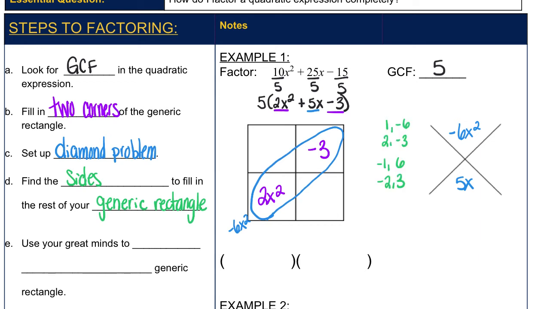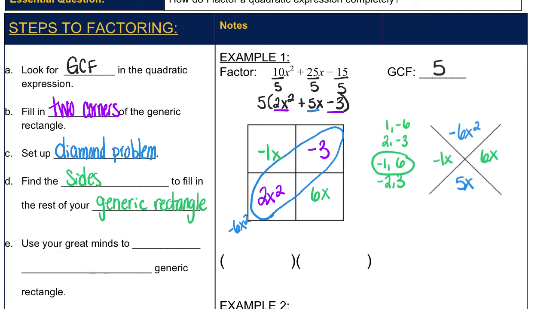So now that I've listed all the different ways to multiply to negative 6, I need to find the combination that would give me a sum of 5. And the answer is this one right here, the negative 1x and the 6x. Now I'm going to take those sides and plug them into my generic rectangle. Remember, it doesn't matter where they go within your generic rectangle, you'll still get the same final answer.